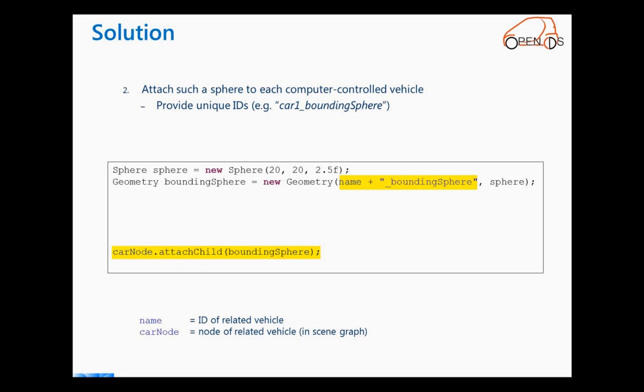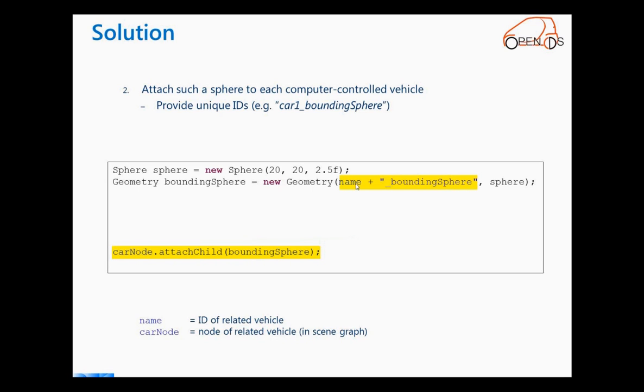scene graph, we need to have a geometry or a node. As this is our leaf and there's nothing beyond this bounding sphere, we decide to have the bounding sphere as geometry. We create a new geometry and we add a name here.